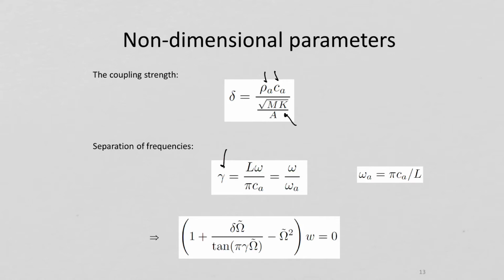Gamma can be expressed in terms of the parameters like this, but we can also identify it as the ratio between the natural frequency of the mass spring model, omega, and the fundamental natural frequency of the acoustic channel, stated over here, omega A. So in other words, we have two parameters: one representing how much the acoustic medium and the vibrations couple, and the other expressing how close the natural frequencies of the two systems are to each other.